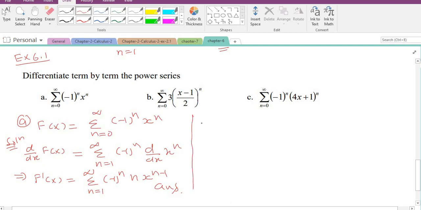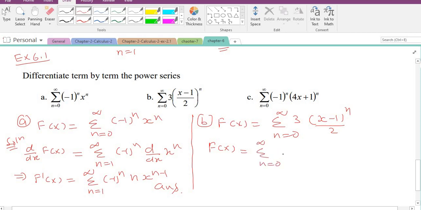Similarly, for the answer of part B, f(x) is given as the summation from n equal to 0 to infinity of 3 times (x - 1)^n divided by 2^n. First of all, you have to simplify it. So f(x) is the summation from n equal to 0 to infinity of 3 times (x - 1)^n divided by 2^n.